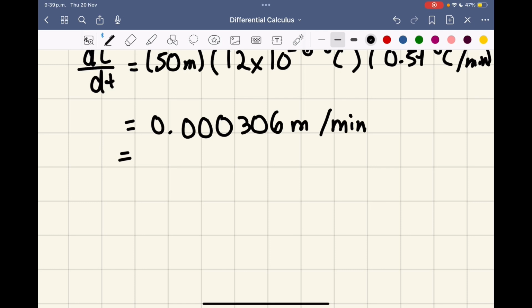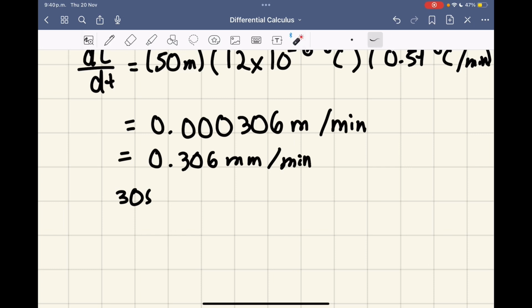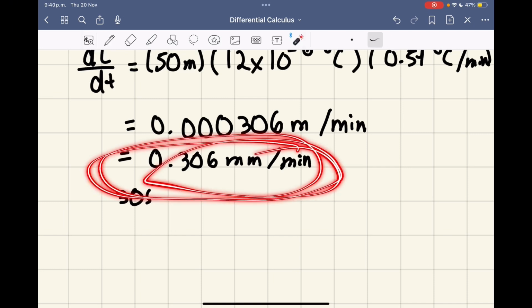Doing those calculations gives us 0.306 millimeters of expansion per minute at a time of 30 seconds. And this will be the final result.